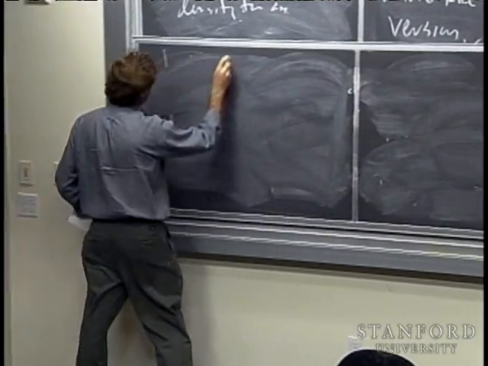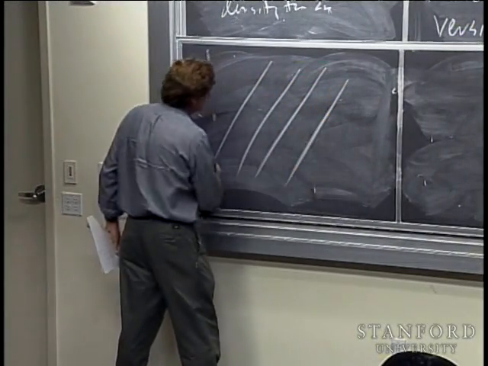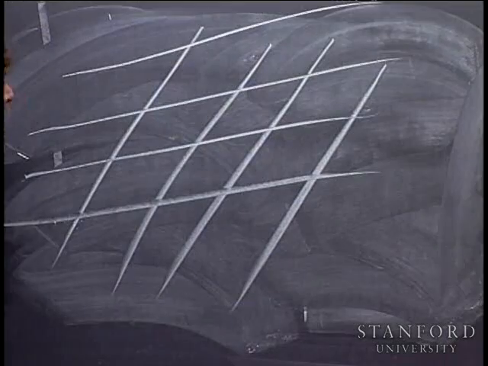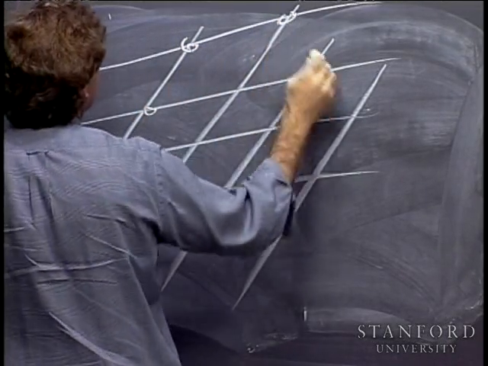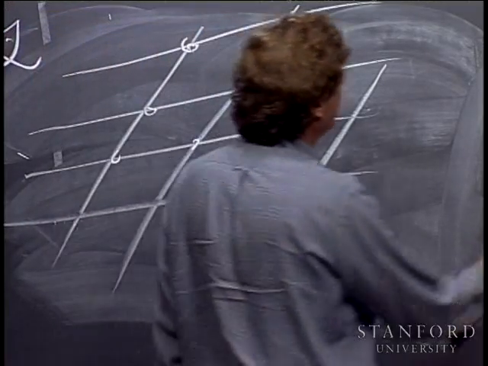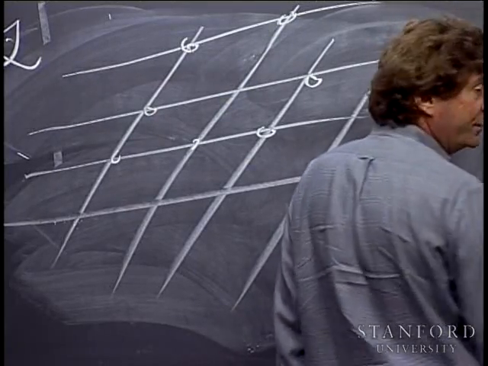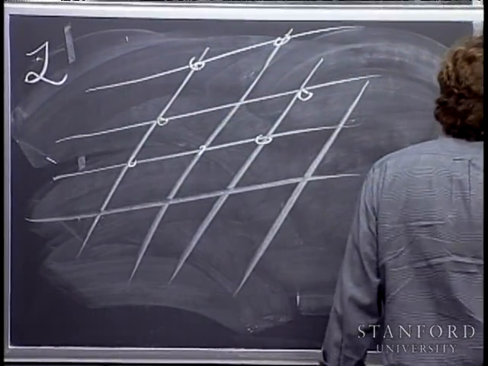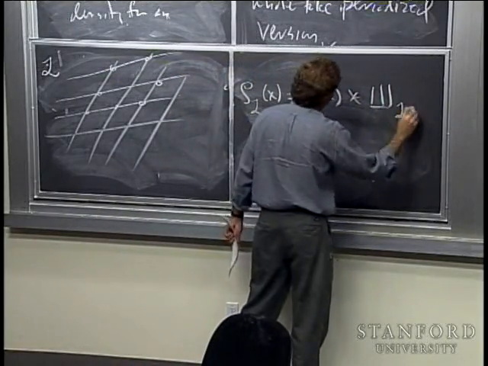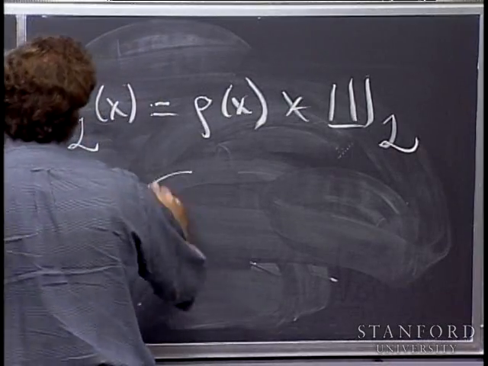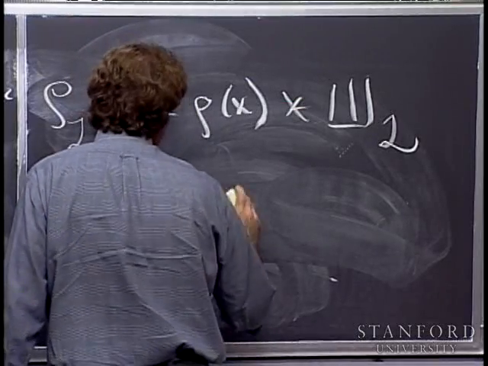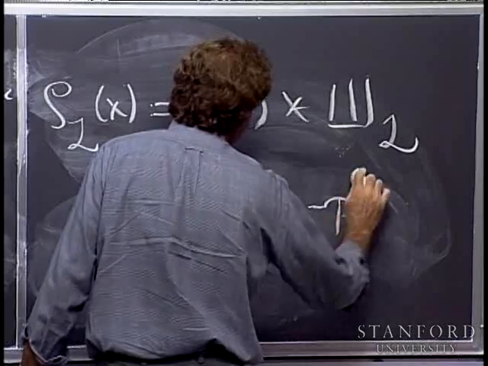If this is the crystal, whose atoms you model as a bunch of atoms at lattice points, that's L, then the density for the crystal is the density for a single atom convolved with the Shah function of L. That's the sum over all the points in the lattice of rho of x minus p.